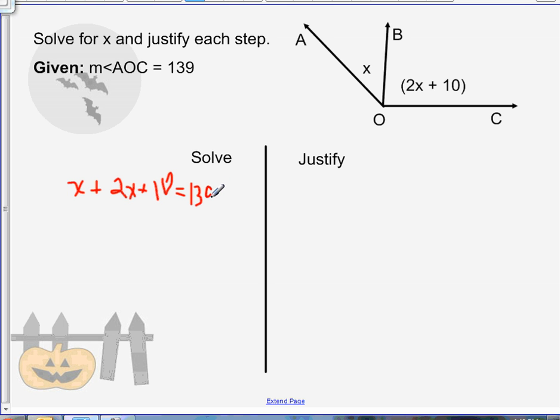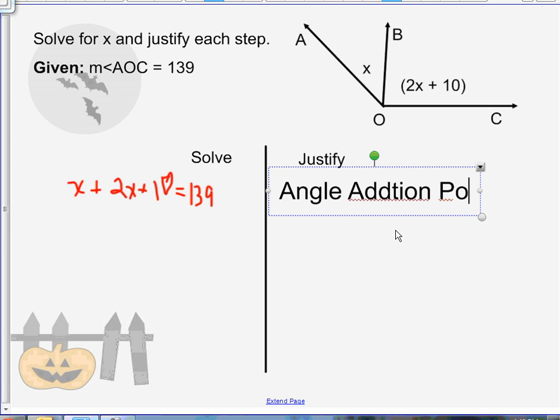All right, and we can justify this idea because we know the angle addition postulate, which we have already previously learned about, says that if I take this angle and I add it to this angle, it will equal this whole angle. Okay? So the justification for that would be the angle addition postulate, which I'm going to type here.